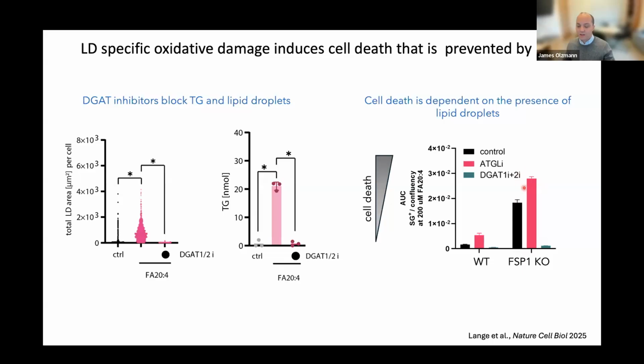If we treat with an inhibitor of ATGL, this is an enzyme involved in lipolysis and breakdown, we actually worsen cell death. And if we treat with our DGAT inhibitors, which block the biogenesis of lipid droplets, we completely suppress the cell death. So this really demonstrates that the formation of these PUFA-rich lipid droplets is required for this condition to trigger ferroptosis with the loss of FSP1.